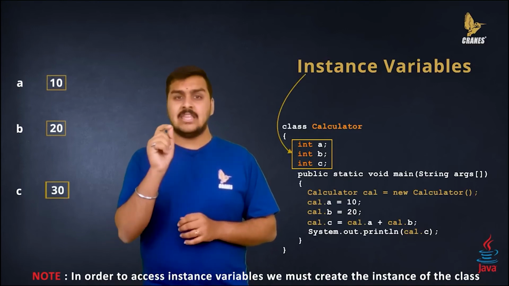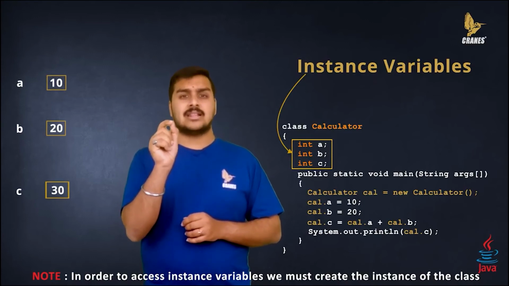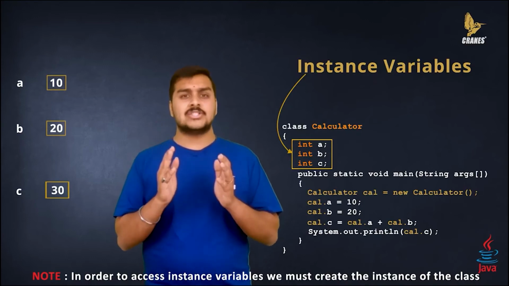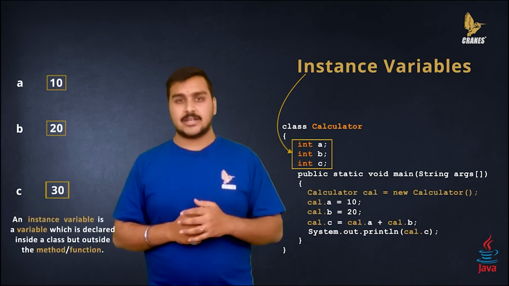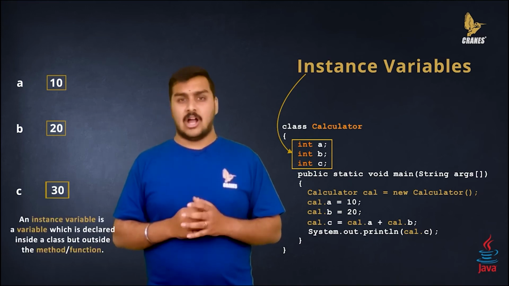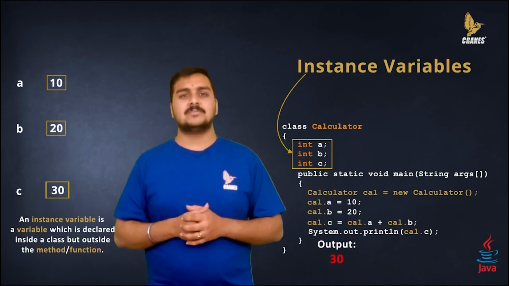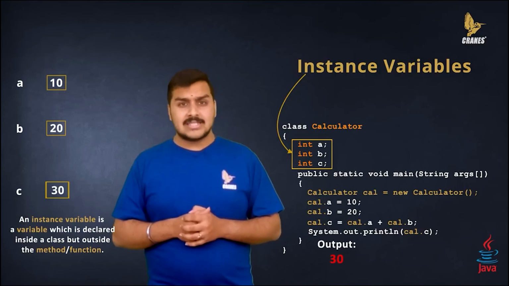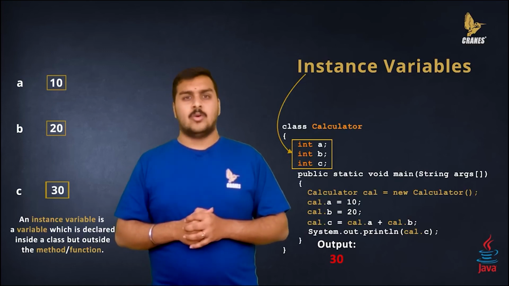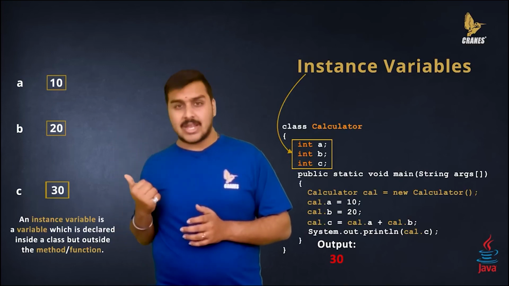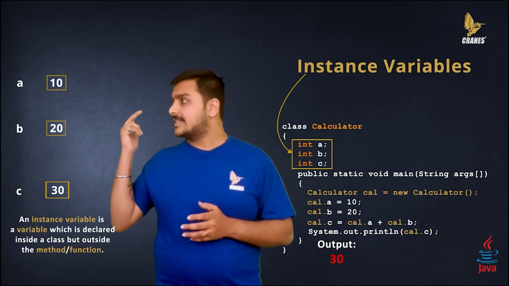I repeat, any variable declared inside the class is what we call an instance variable. The definition of it is here, and the output for this program is here. Once the execution of this entire program is done, the memory that is allocated here will get deleted like this.